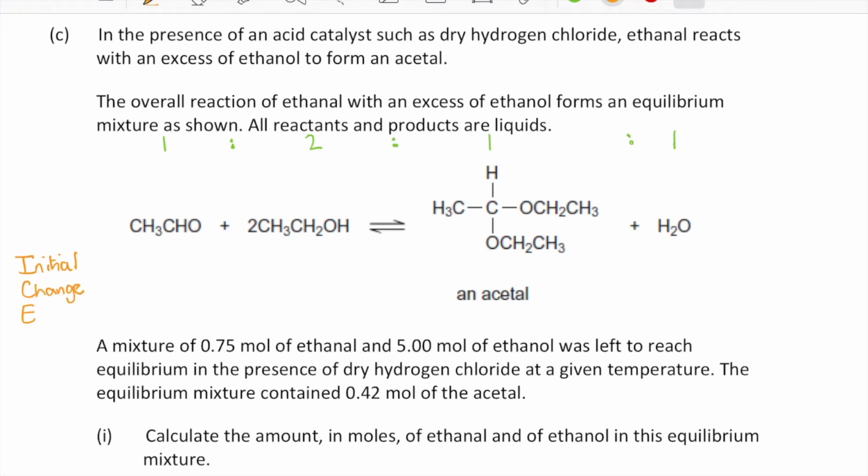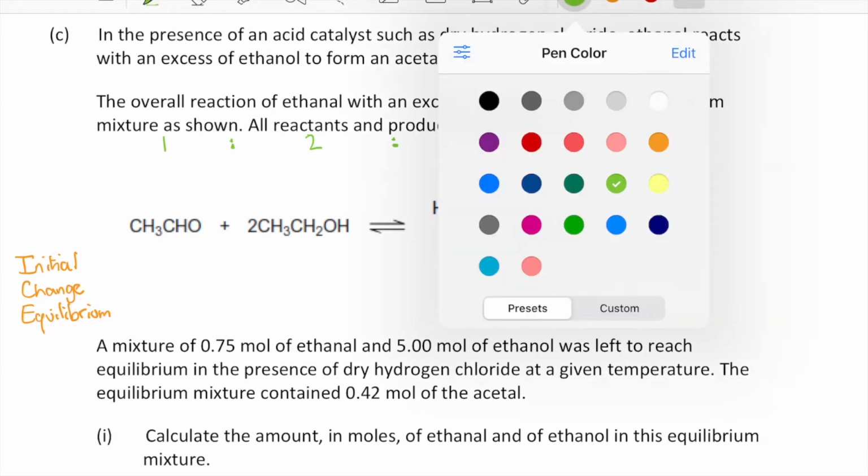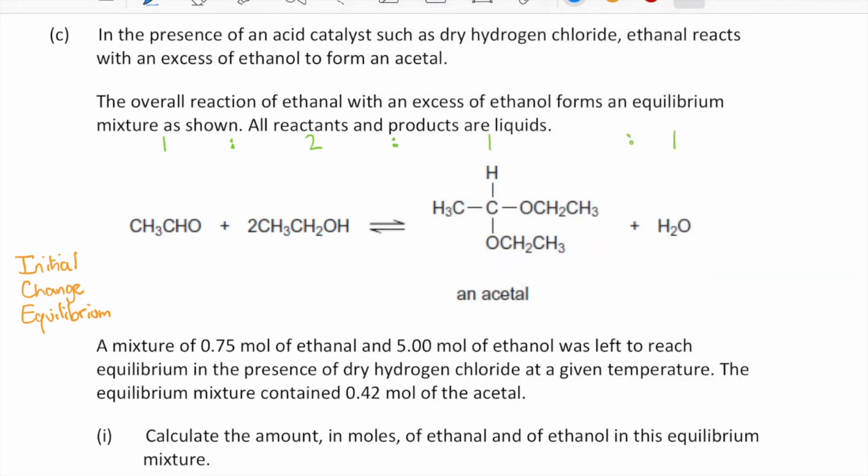And then E stands for equilibrium, how many moles we have at equilibrium. Okay, let's now write the information that they actually give us. They tell us a mixture of 0.75 moles of ethanol and 5 moles of ethanol were left to reach equilibrium. So those are the quantities before those two reactants were mixed. So they are initial quantities.